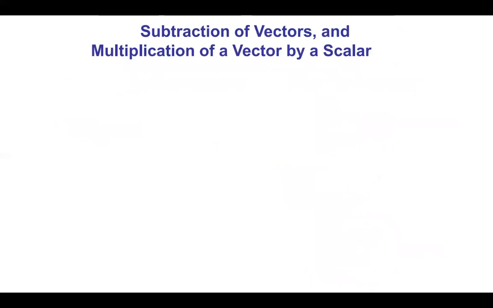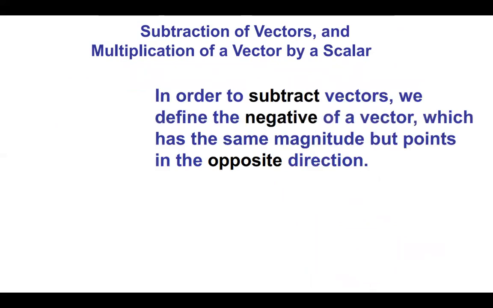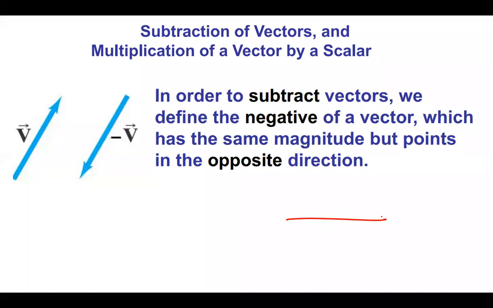Now, subtraction and multiplication of vectors by a scalar. This one is straightforward. When you're subtracting two vectors, you do the same things that we were doing. Any vector that has a negative is going against the direction that we've assumed to be positive.